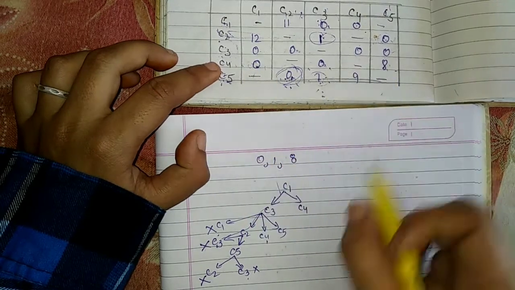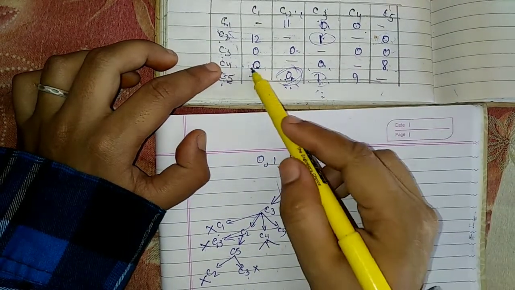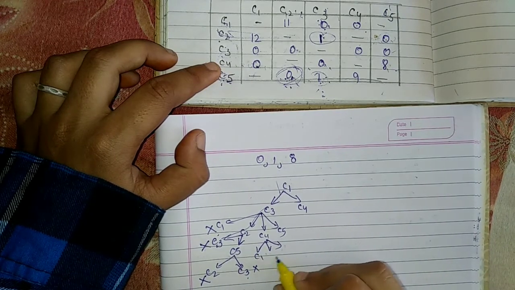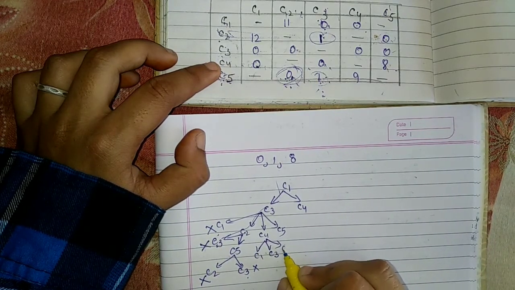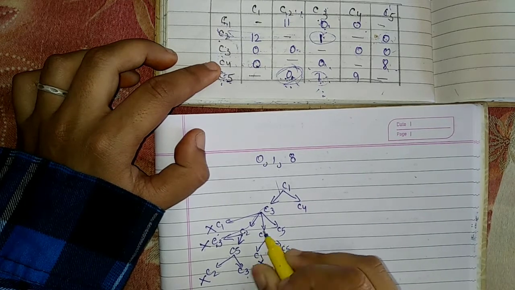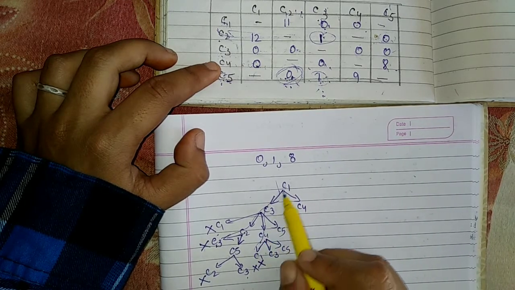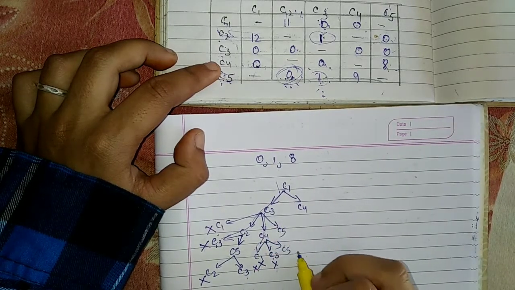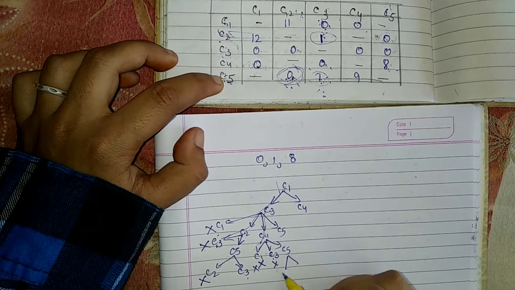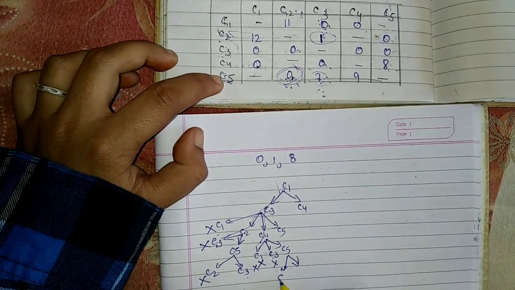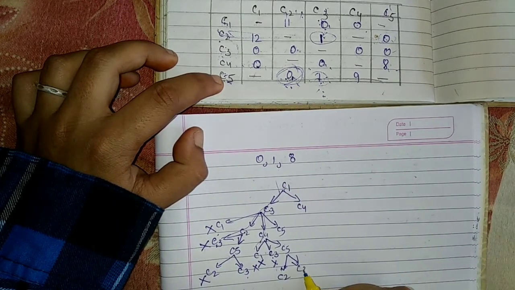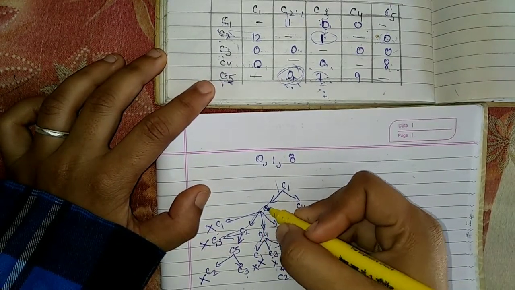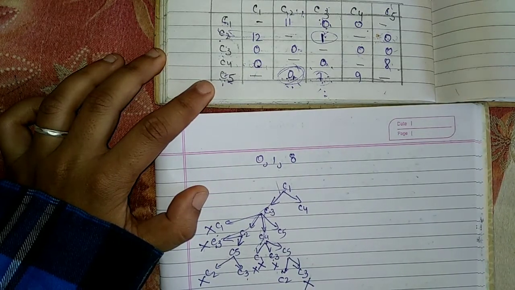C4, 3 arrows because 0, 0 or 8: C1, C3 and C5. It is unfavorable because it does not cover 2 or 5. It is unfavorable because it covered C3 here. C5, 2 arrows because 0 and 1, C2 and C3. C3 is unfavorable because it is already covered here.